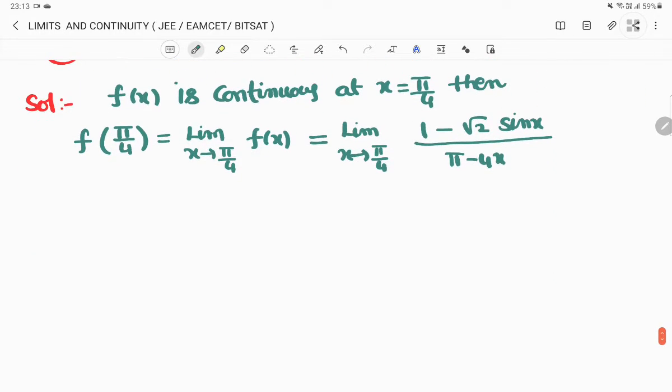If you substitute x equal to pi by 4 directly, it becomes an indeterminate form.